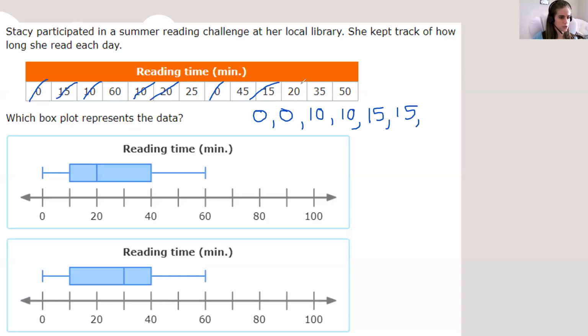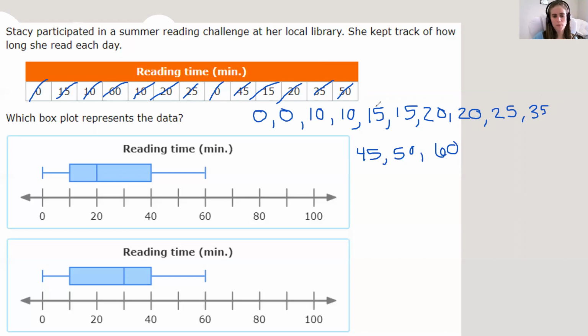We have 2 20s. A 25. 35. 45. 50. And 60.